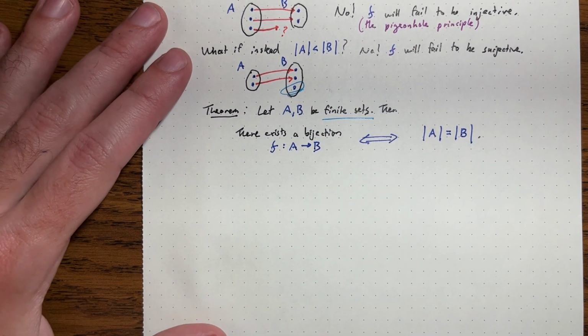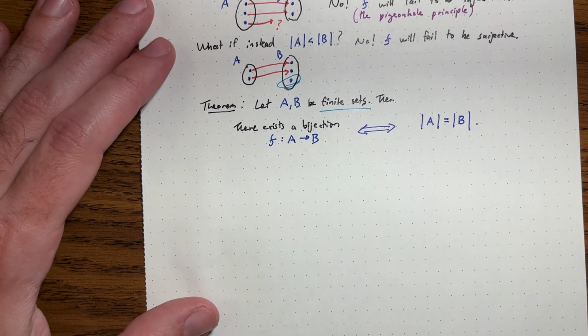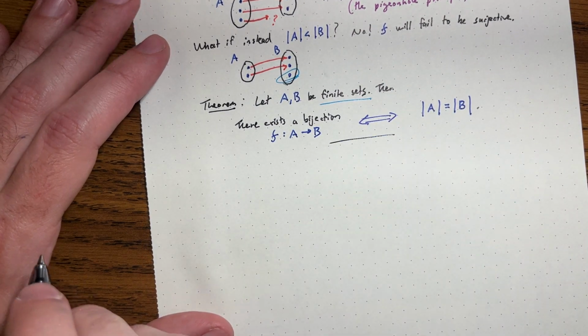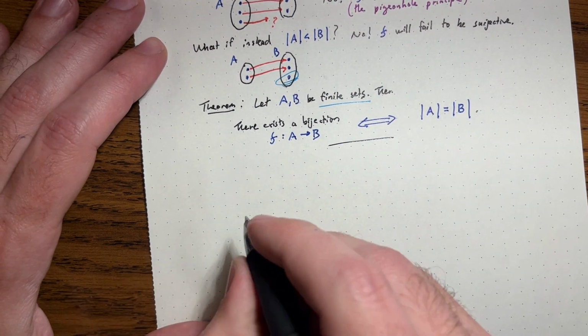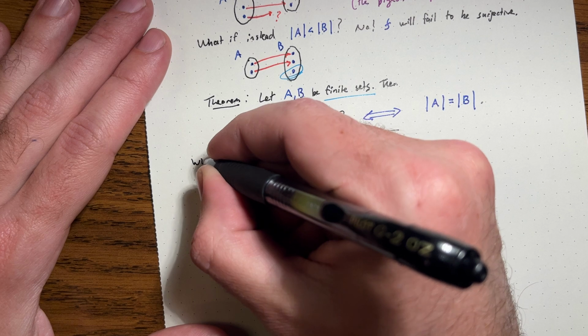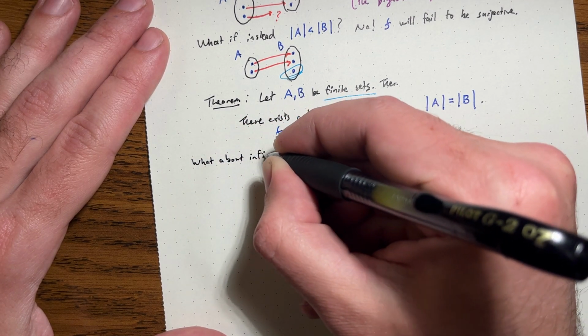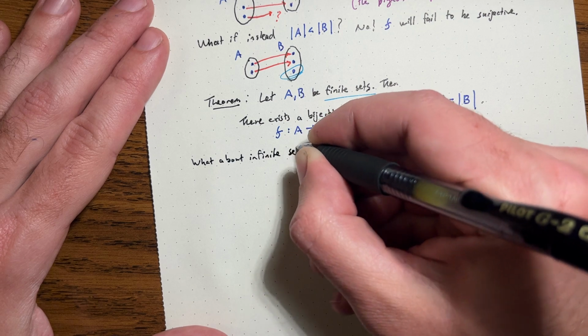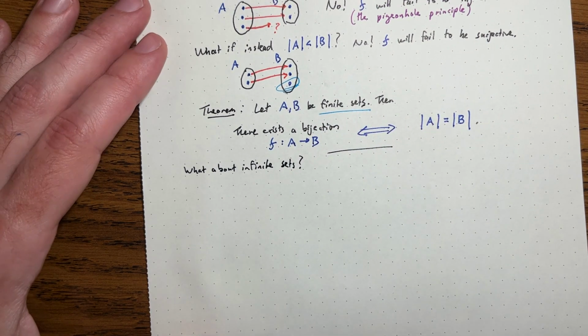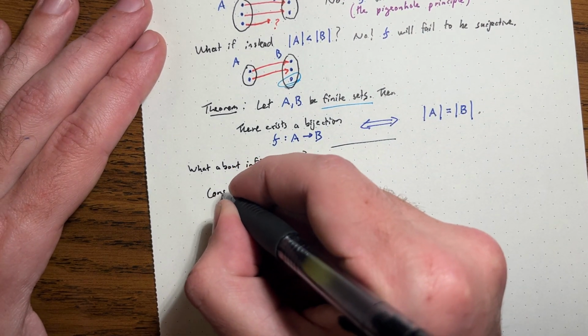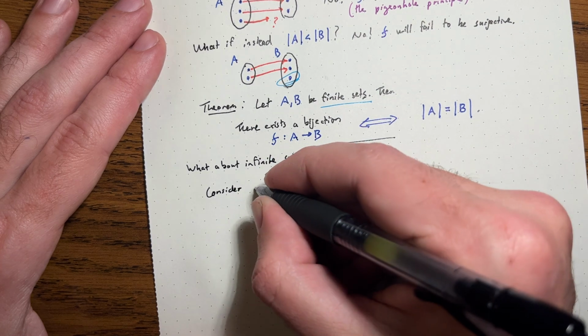Let's now look at some sets that are not finite. So this is going to be a new section here. So what about infinite sets? This is where it gets really interesting. So consider the sets.